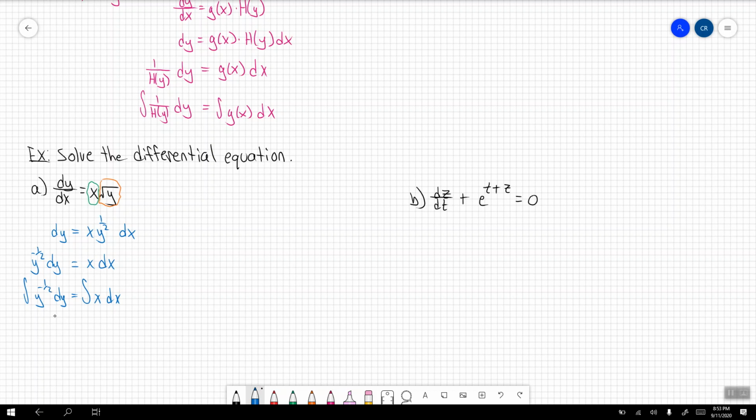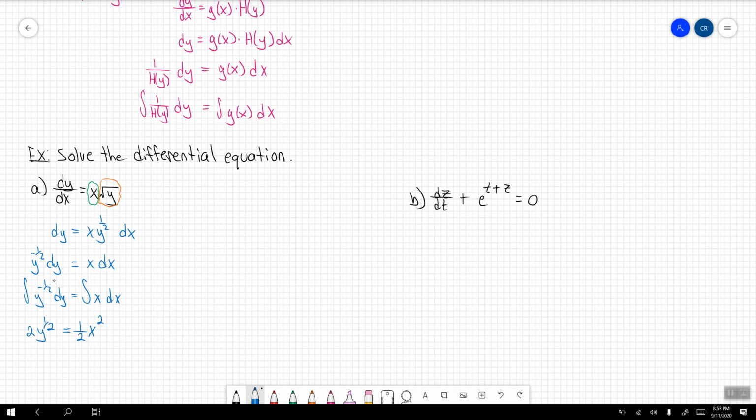On the left-hand side, we're integrating with respect to y, which means we add 1 to the exponent, so we get y to the power of 1/2, and we divide by that new exponent, which means we'll multiply by 2. This is going to equal the right-hand side, where I'm going to integrate with respect to x, which will now get me 1/2 x to the power of 2.